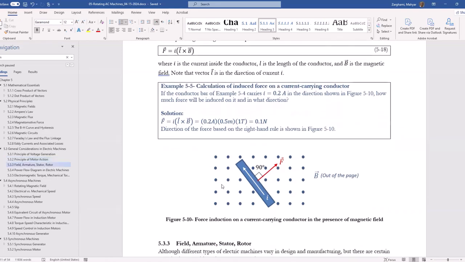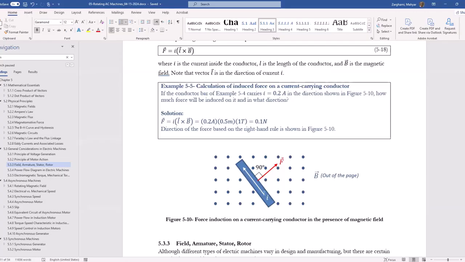So again, look at the same kind of example. Here, instead of moving your conductor, you're going to create a circuit that will result in the flow of a current in that conductor.